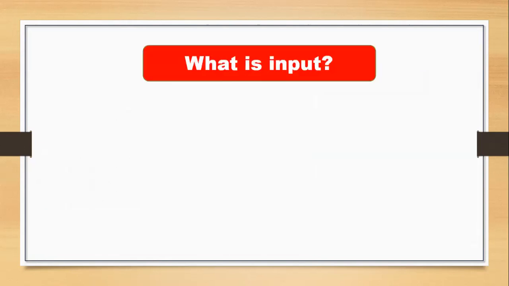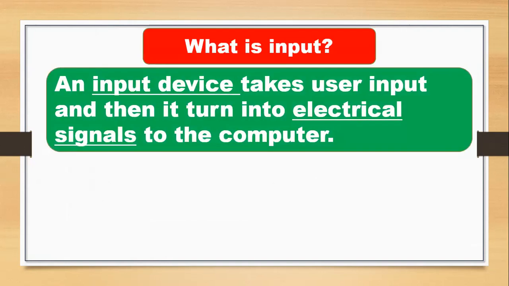Okay, now I'm going to show you what input is. An input device takes user input and then turns it into electrical signals for the computer. When you type on the keyboard, the computer will convert it into electrical signals and then tell the computer what to do.